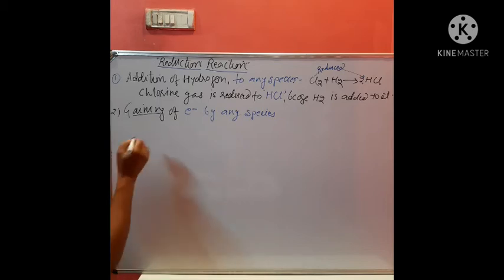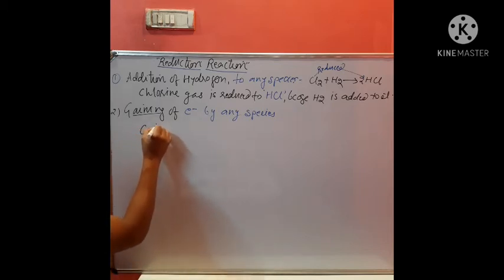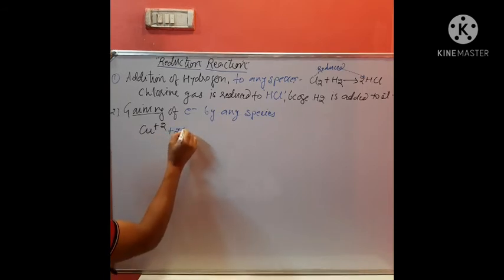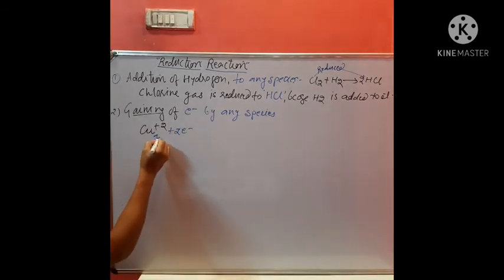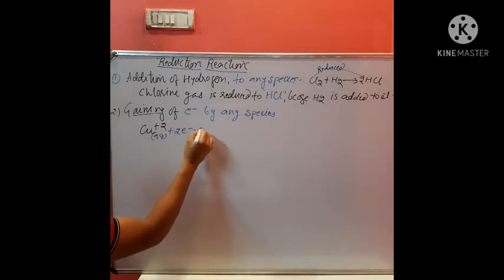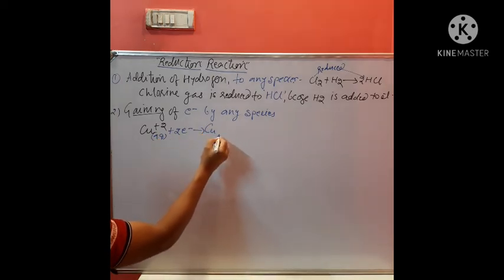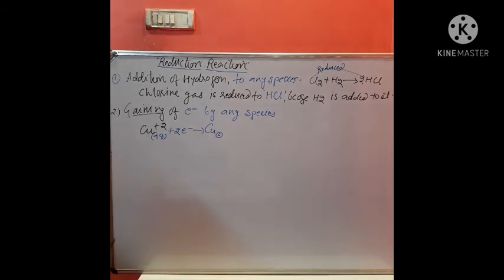Isn't it? Like copper 2 cation, when it gains 2 electrons, we can write it what? Aqueous. It gets converted into Cu, and Cu is what? Solid. So this copper 2 cation, that is the aqueous solution of copper 2 cation, gains electrons and converts into copper.